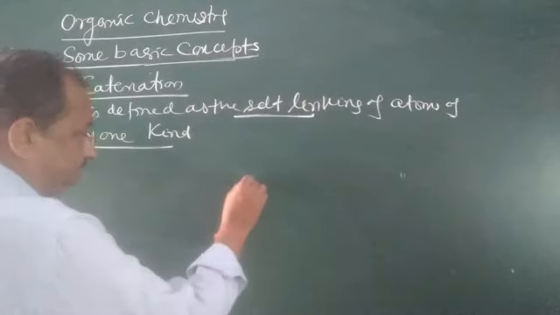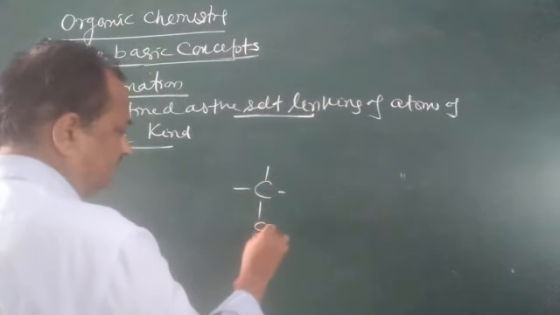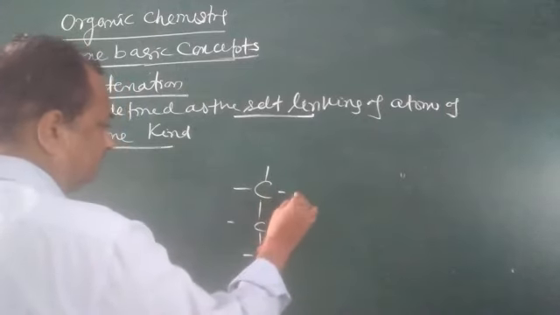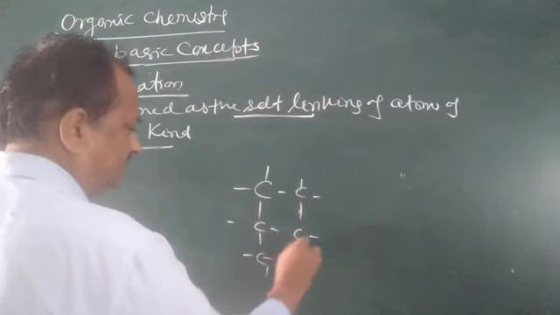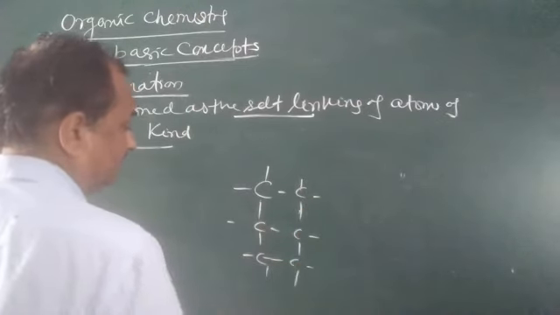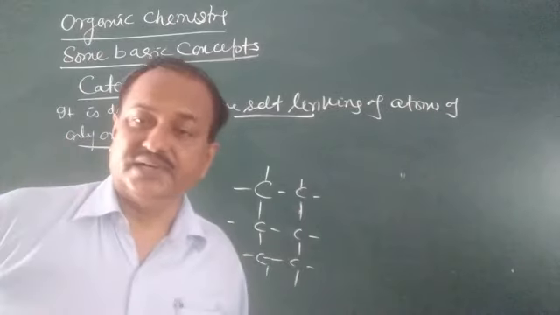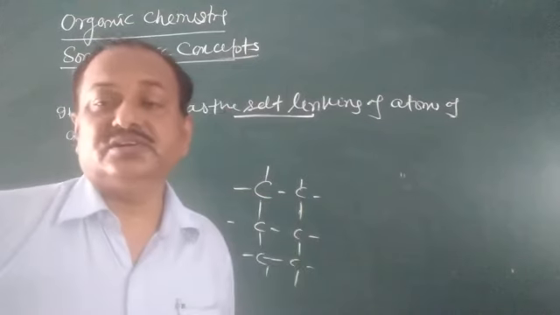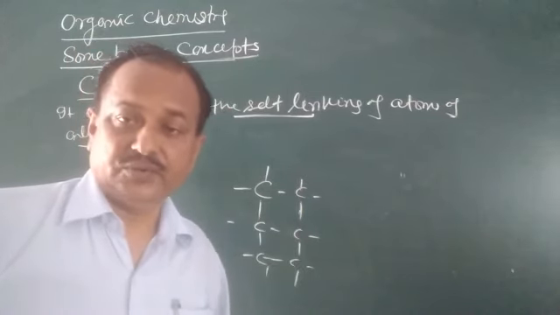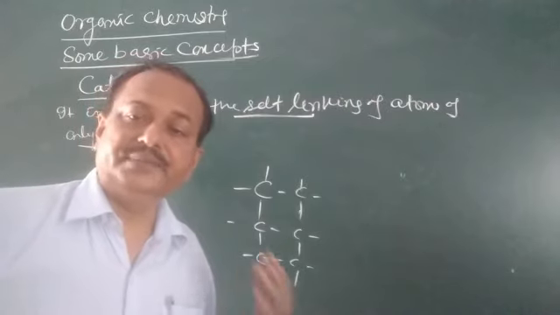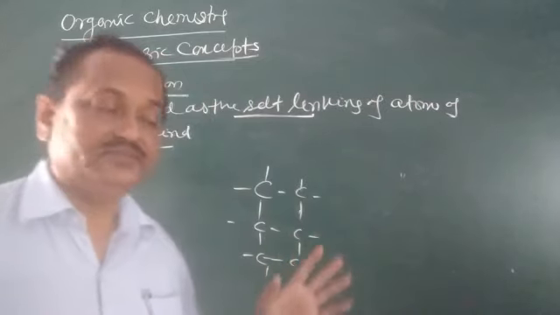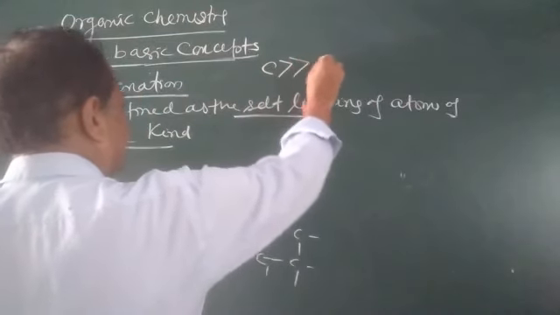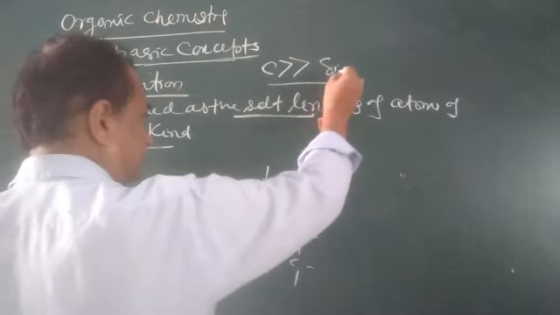So see this carbon, and if this carbon is attached like this here, this is called catenation. Only carbon atoms or atoms of only one type. The property of catenation is a feature of group 14 of the periodic table. All the members of group 14 have a tendency to exhibit catenation with similar atoms. But the tendency of catenation is exhibited maximum by carbon and then less by silicon.